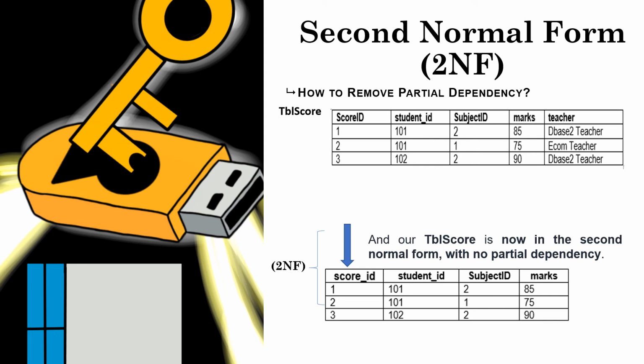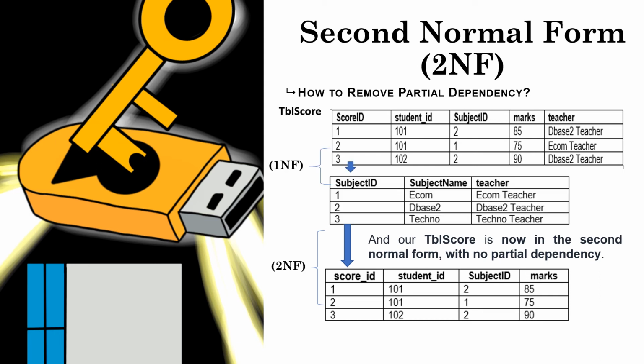So the subject table will become this one. And our score table is now in the second normal form with no partial dependency.